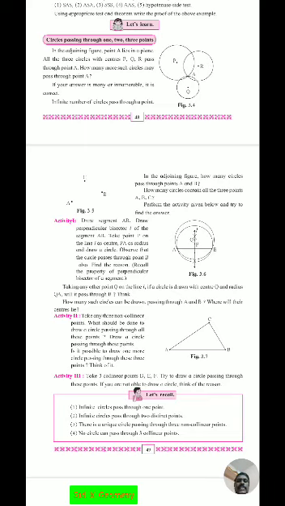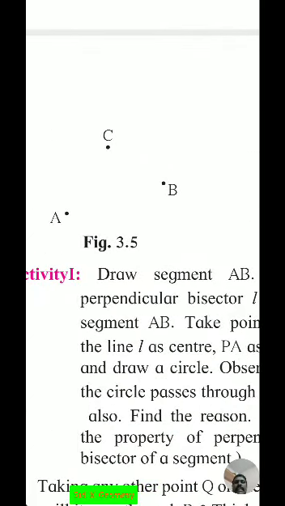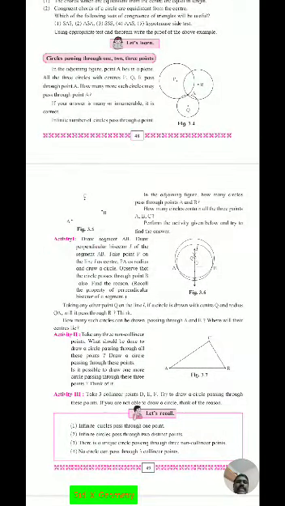We know that. And in the adjoining figure, that is figure 3.5, three points are given, point A, point B and point C. And the question is again the same, that means how many circles pass through points A and B. That means by using these 2 points, how many circles can we draw, and passing through these 3 points, how many circles can we draw.